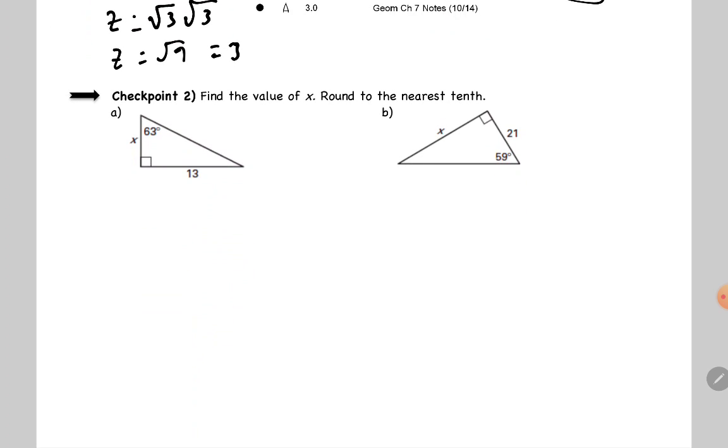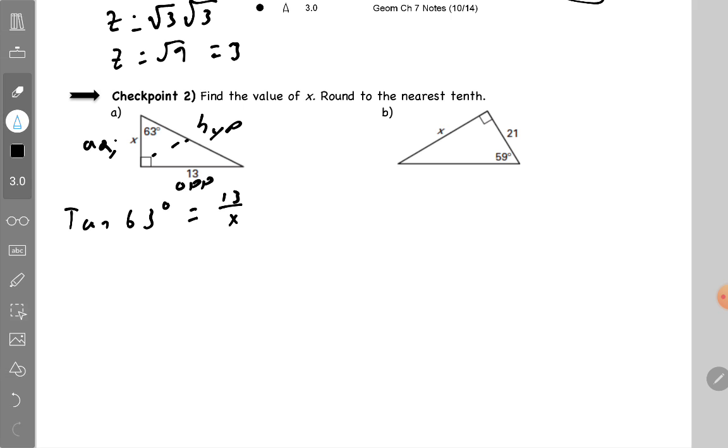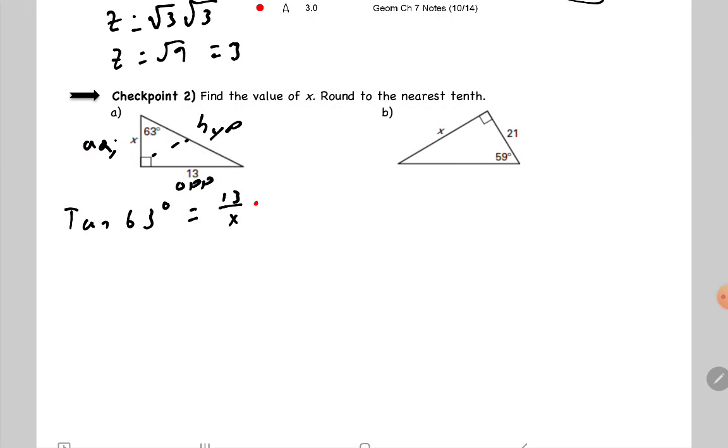Checkpoint 2. Here we go. So we have 63 degrees. So we're going to do tangent of 63 degrees equals 13, the opposite side, over the adjacent side, because remember, hypotenuse is always opposite of the right angle. So this is 13 over x. I'm going to multiply both sides by x to get it out of the denominator, and we'll get x times the tangent of 63 equals 13.